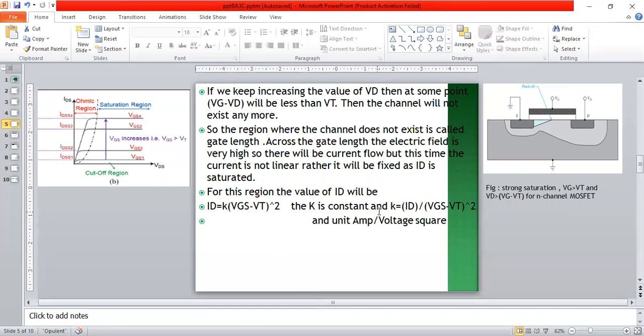K is a constant, and for this Id, the value of K will be Id over Vgs minus Vt whole square, and its unit is ampere per volt square. So we can find the ohmic region or linear region, this is the pinch off, and this is the saturation region.